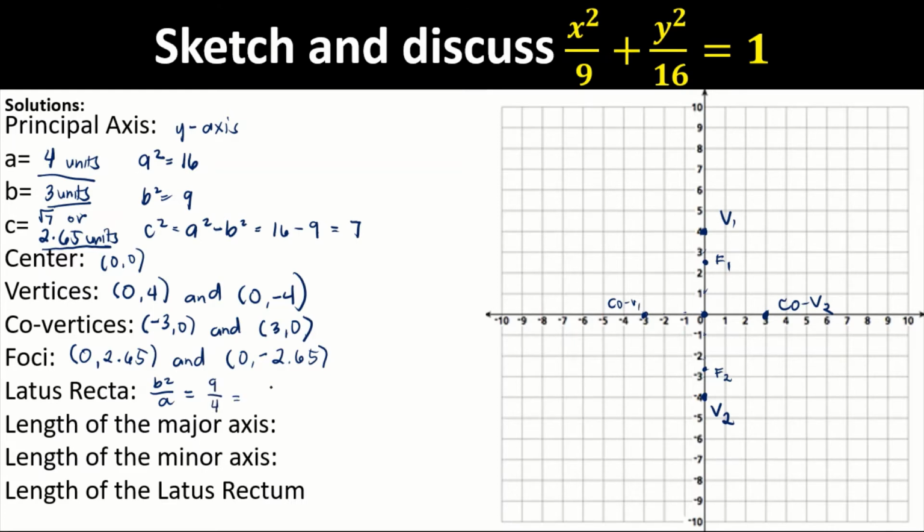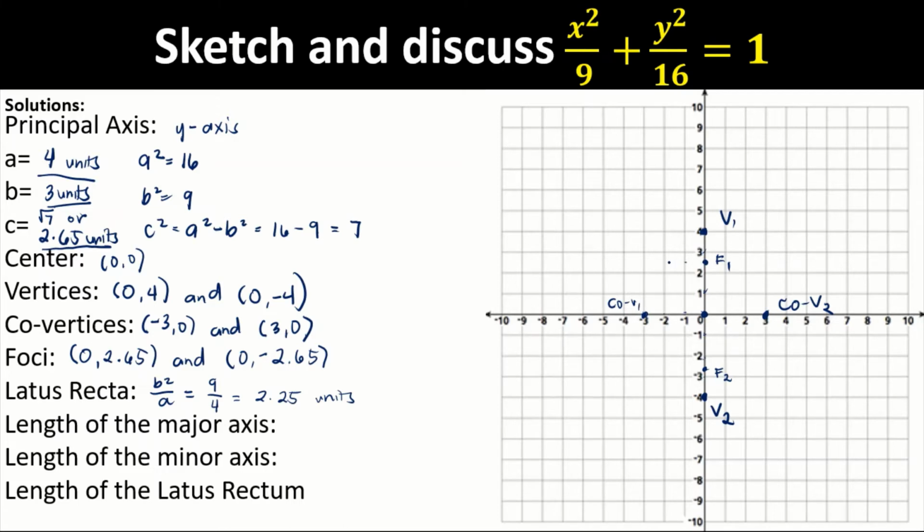So, we have 2.25 units. Okay, so magbibilang tayo ng 2.25 units doon sa ating focus. So, mula sa focus na 2.65, bibilang tayo ng 2.25 units perpendicular sa principal axis.